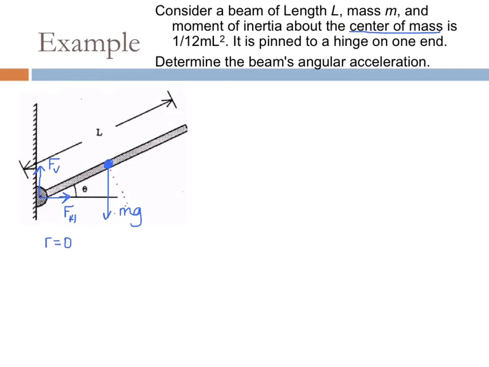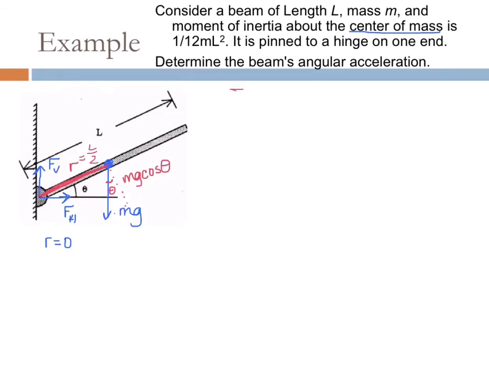And this component that's going to be perpendicular to the lever arm is going to be mg cosine theta. Now this theta right here is the same theta given to us in the problem. So that's convenient. Now this r, the distance away from my axis of rotation, is going to be equal to L divided by 2, the length of the rod divided by 2.